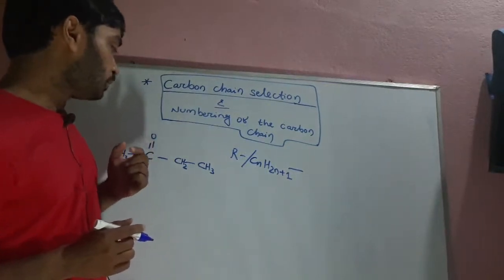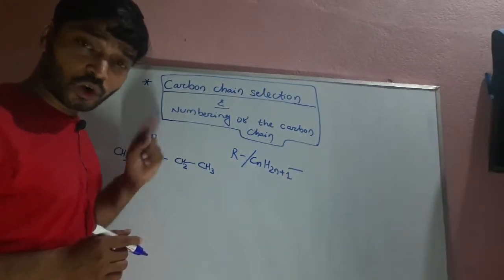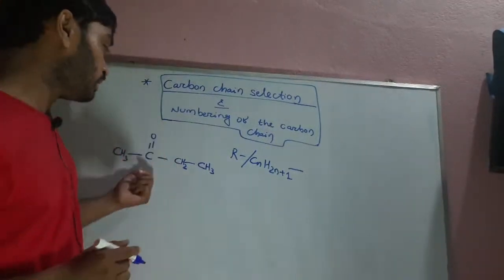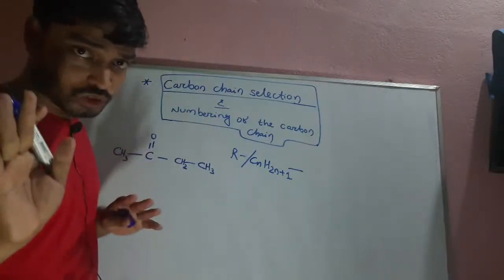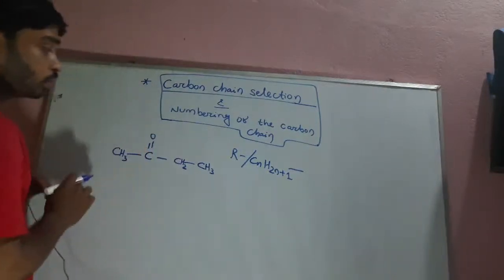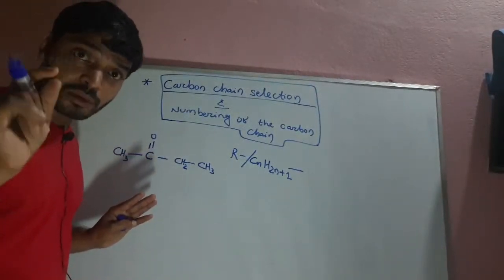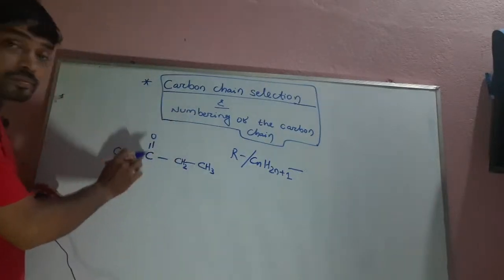In this case, I have told that only the divalent functional group which produces a continuous carbon chain is ketone. Only a continuous carbon chain is produced. So what we will do? In this case, the minimum locant or minimum position is given to the carbon atom of the functional group.